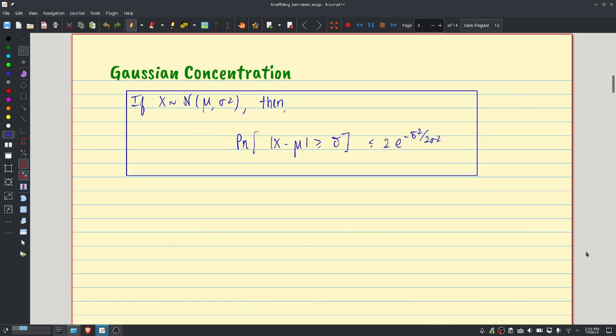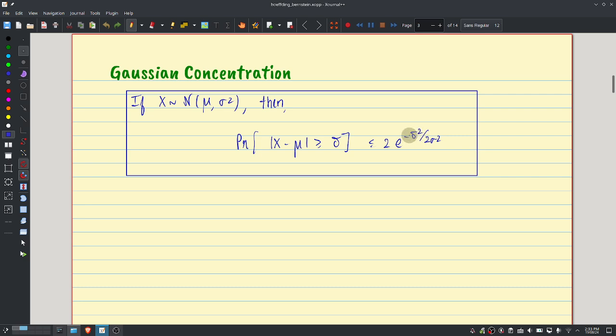So, for the case of Gaussian random variables, we were able to show the following inequality. By computing the moment generating function, we showed that the probability that x deviates from its mean by an amount delta is upper bounded by something that is exponential in delta square.